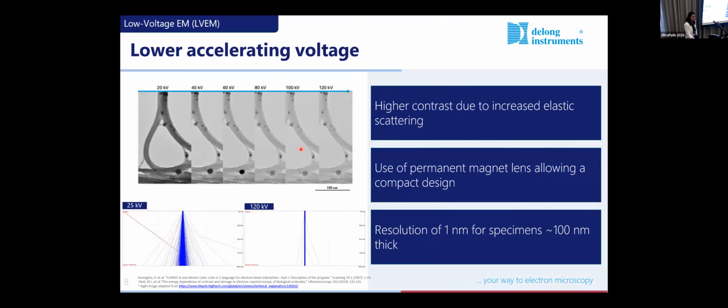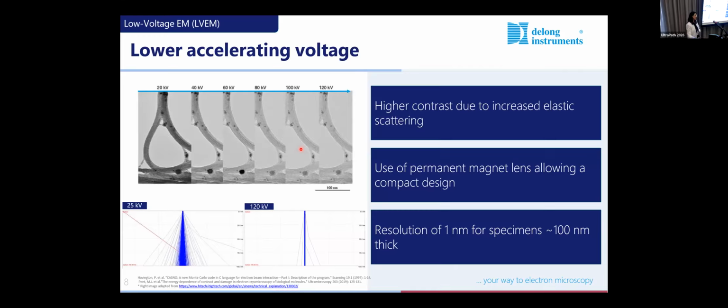So low voltage, what it means. Instead of operating at 100, 200, 300 kV, we are operating at 25 kV. We see in the first picture that the main advantage of low voltage is the highest contrast. For the same type of material, as you increase the voltage, you decrease the contrast, right?